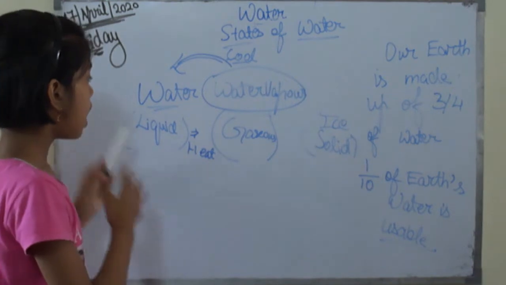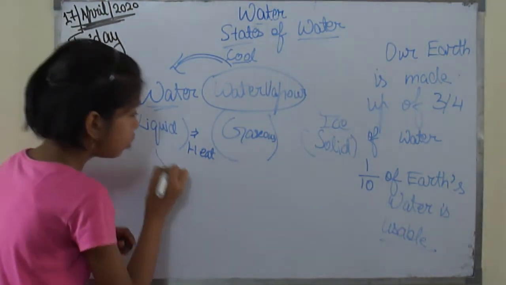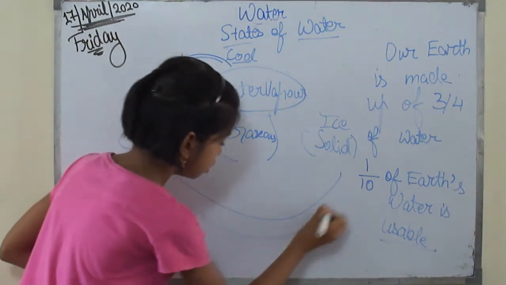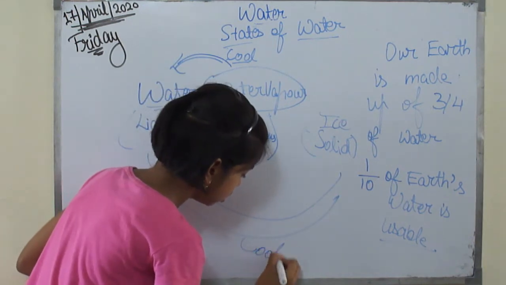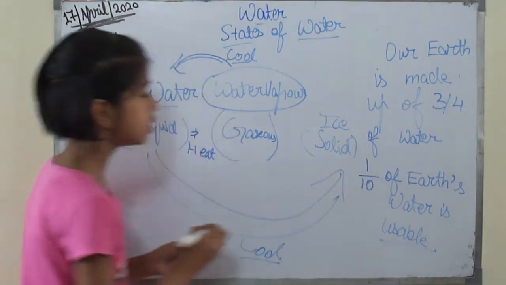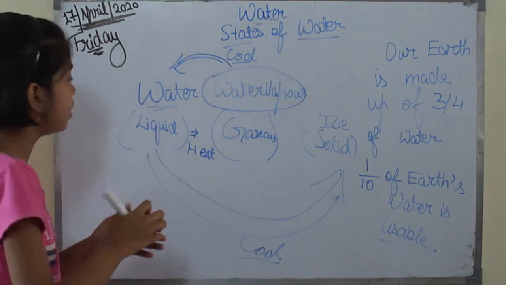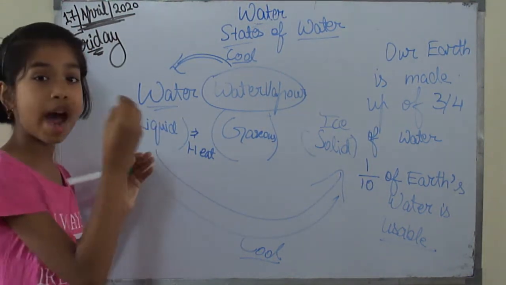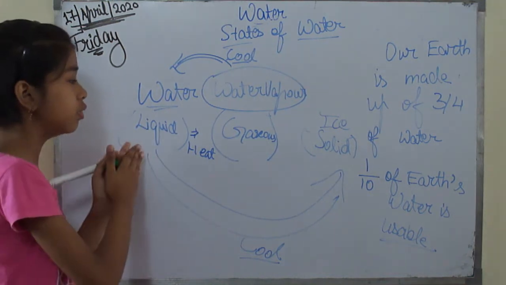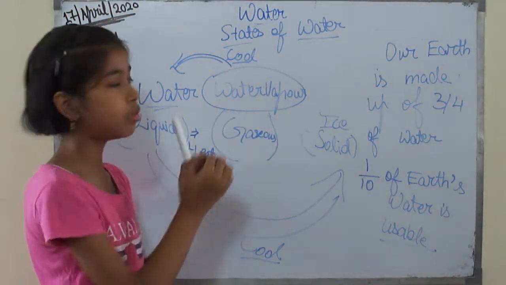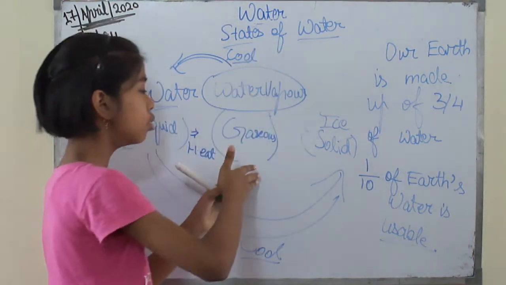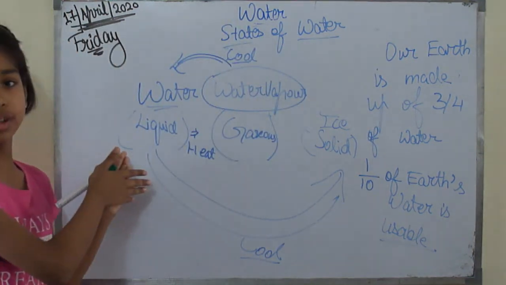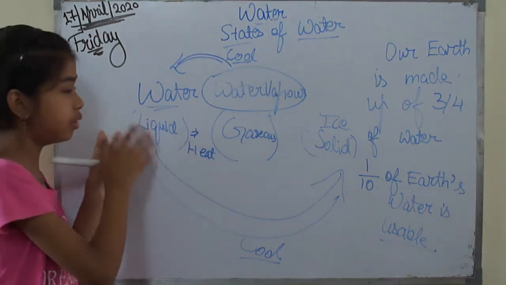And what if I cool this water? I will get ice. If I add heat to liquid water, I will get the gaseous form of water. And if I cool it again, I will get the liquid form of water.